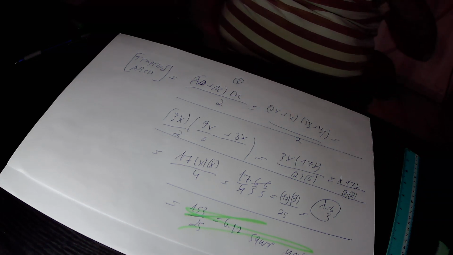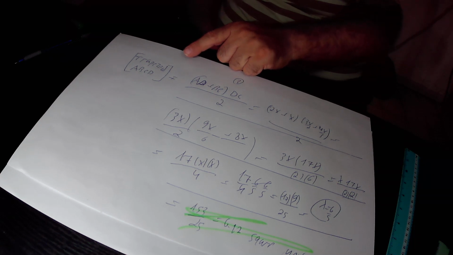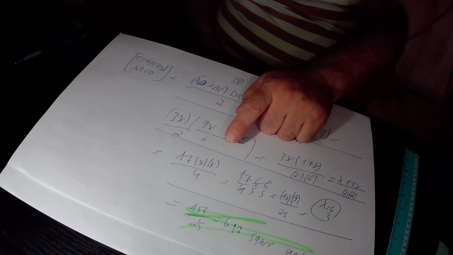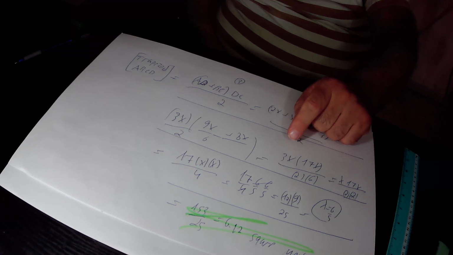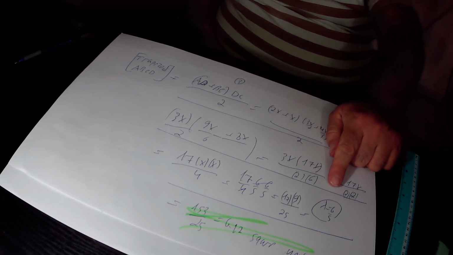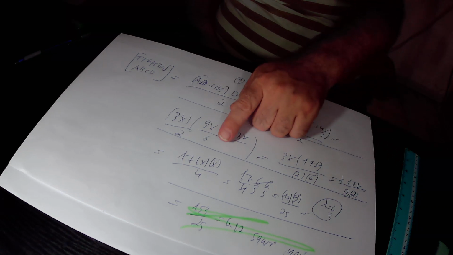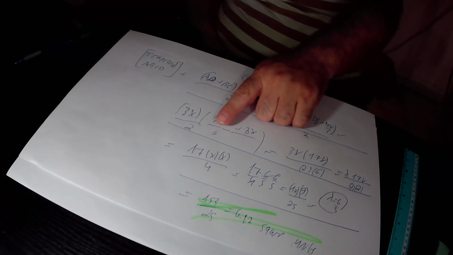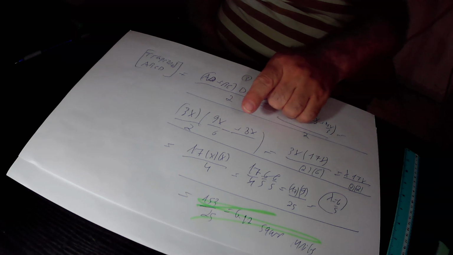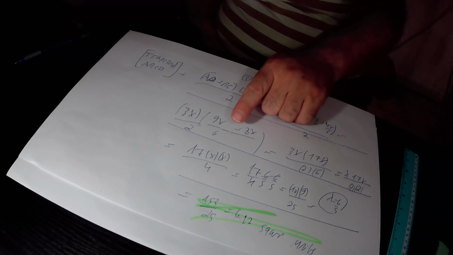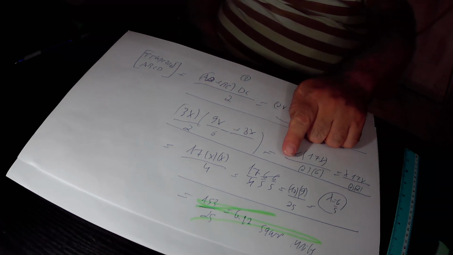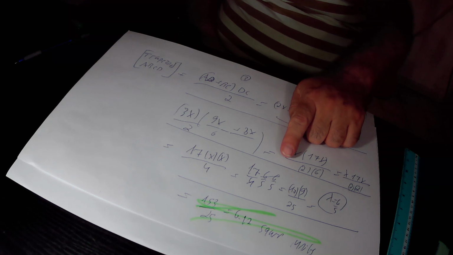So in total we find that the area of the trapezoid ABCD equals 17 times x squared over 4. We already found that x equals 6/5, so we just substitute x by 6/5. So it is 17 over 4 times x. We have x twice, so we have 6/5 twice.